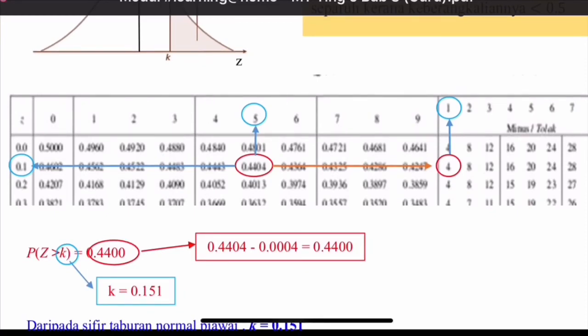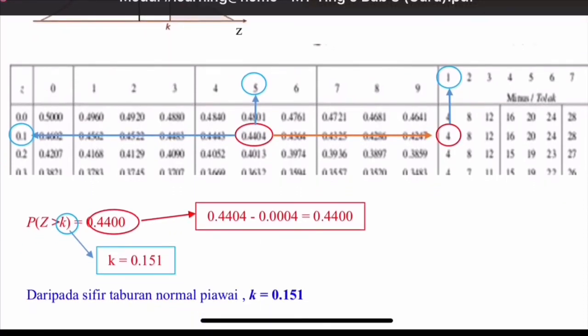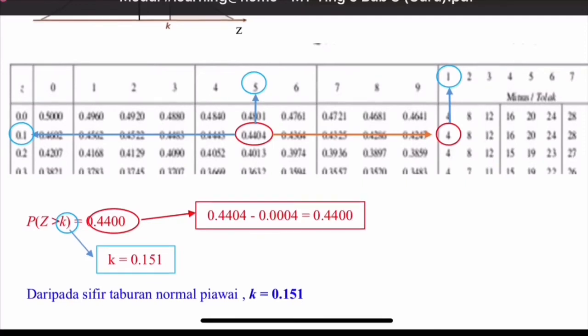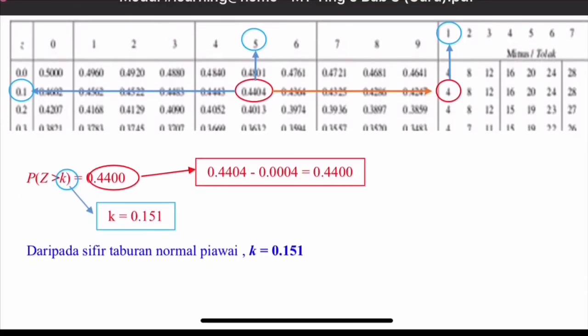They give you what? Can you read out? They give you 0.4404. So you have to minus out the extra of 4 because our question doesn't have 4. We only have 0.4400. So when you minus out the 4, you have to plus 0.001. So all your answers must be 3 decimal places.